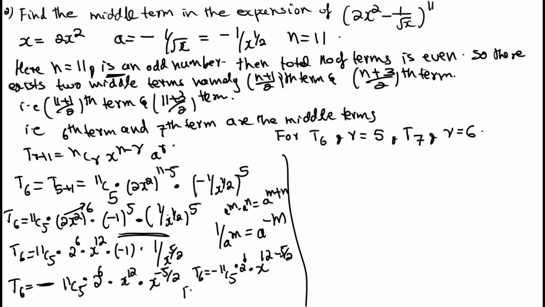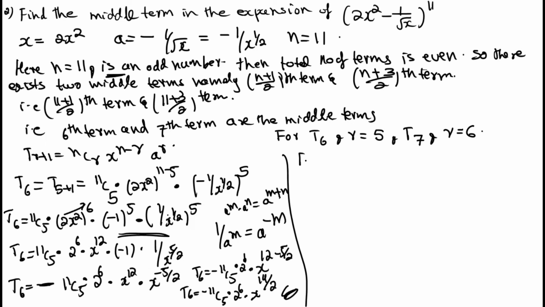Okay, so T6 is equal to minus 11C5 into 2^6 into, see, 24 is the LCM, right? 12 is equal to 24 by 2. See, LCM is 2, 24 minus 5, 24 minus 5 is equal to x to the power 19 divided by 2. So it's the sixth term. Further simplification is not required.